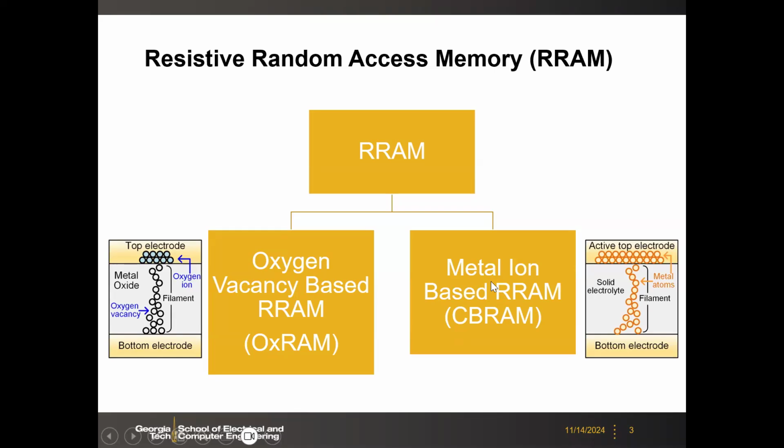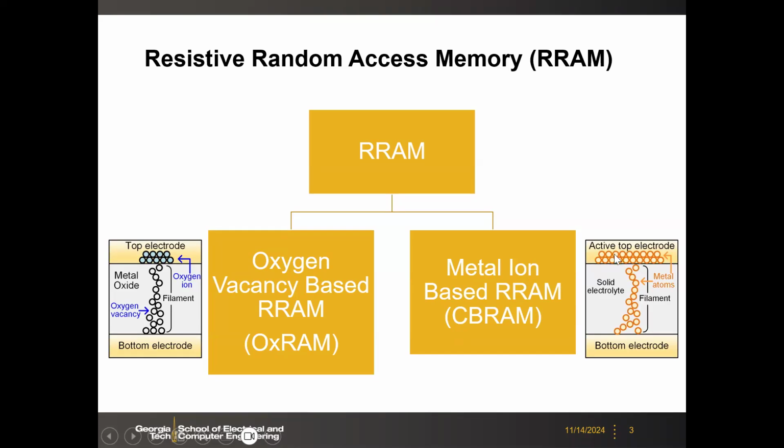The other type is called conductive bridge random access memory, CBRAM, which is made of metal ion diffusion into the solid electrolyte. It could be oxide, but the key difference is that the filament here is made of metal instead of oxygen vacancies.